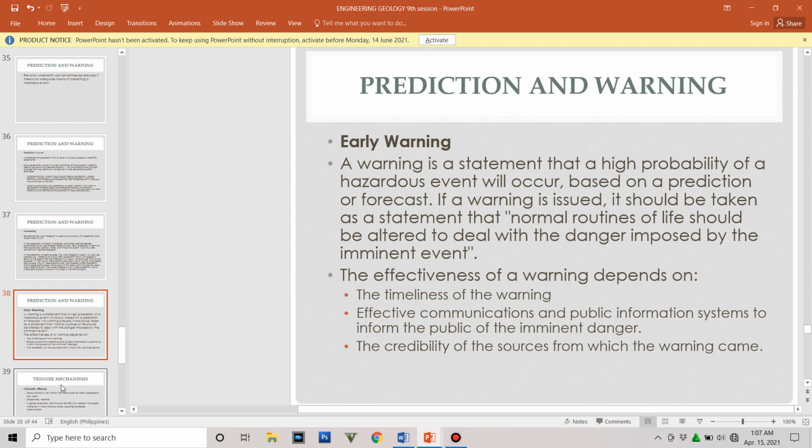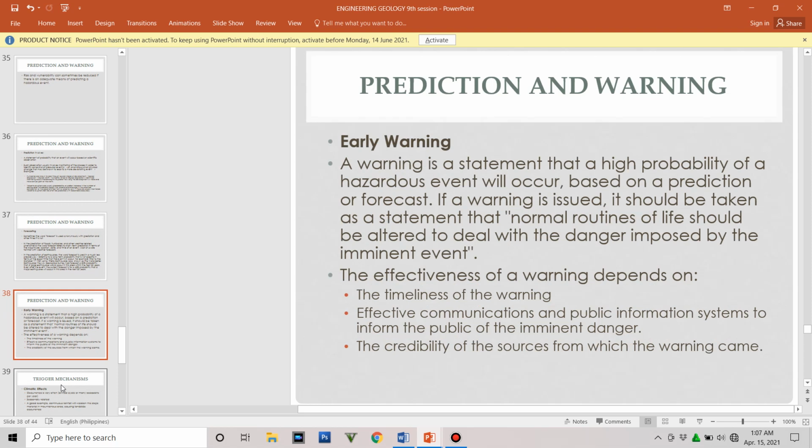So the effectiveness of a warning depends on first, the timeliness of the warning. Of course, kapag late na yan, hindi na magiging early. Okay? So effective communications and public information systems to inform the public of the imminent danger. So importante dito, of course, meron na tayong internet available and communication technologies.